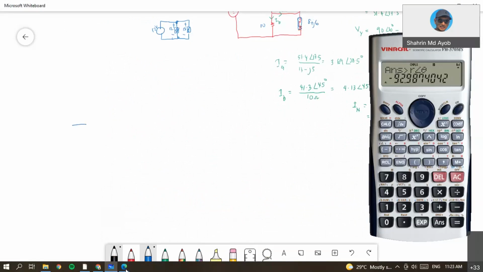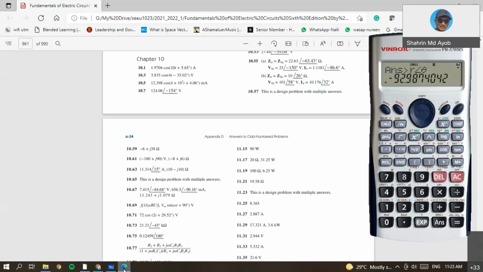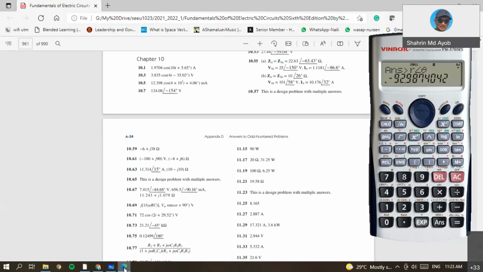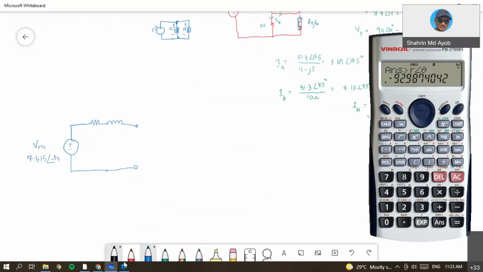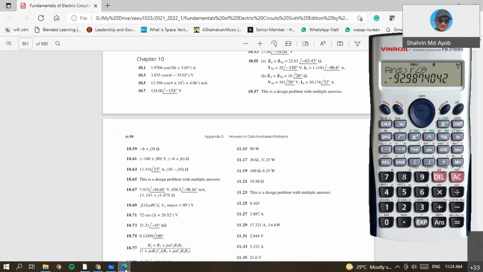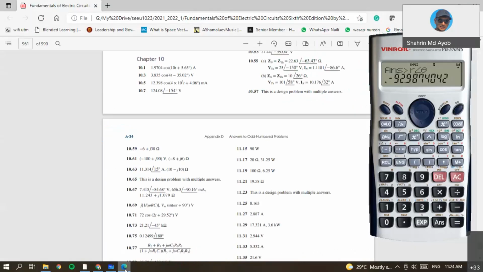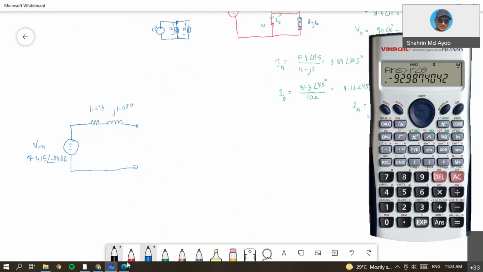Based on the question, I have already obtained my equivalent Thevenin circuit, which has a voltage value of 7.415 with an angle of negative 84.86, and my Thevenin impedance is 11.243 plus J, an inductor with reactance 1.079.